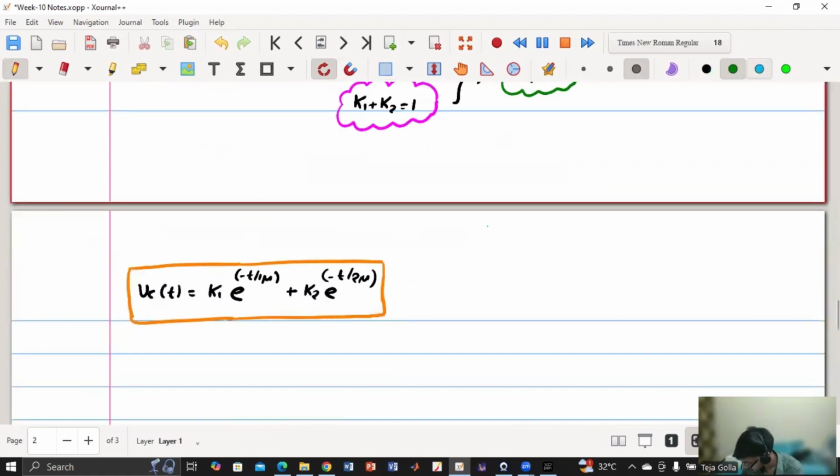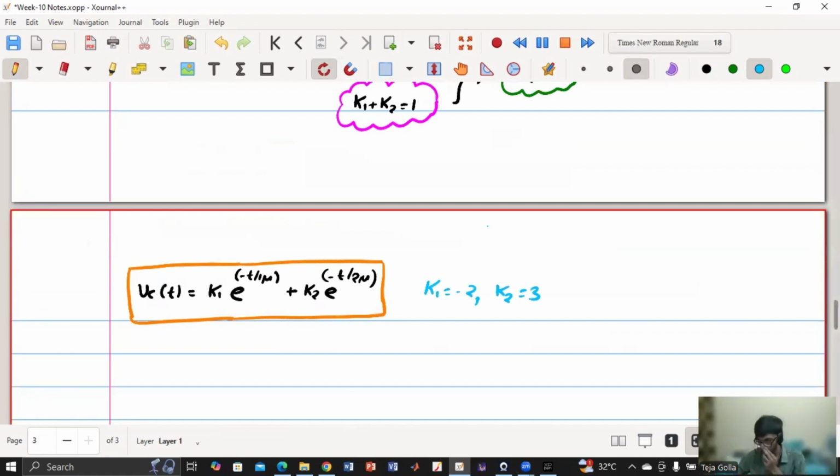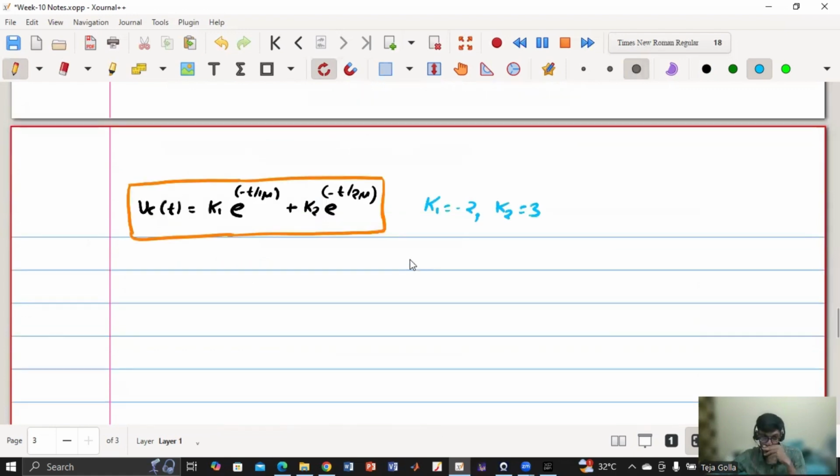So now let us substitute it and see what we are getting. VC of t is equal to minus 2 into e to the power minus t by 1 micro plus 3 into e to the power minus t by 2 micro.